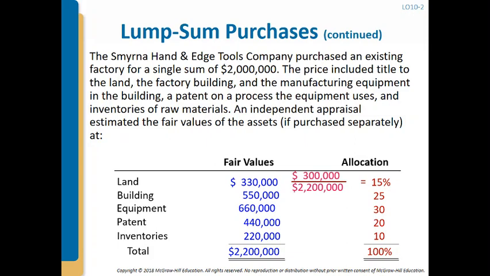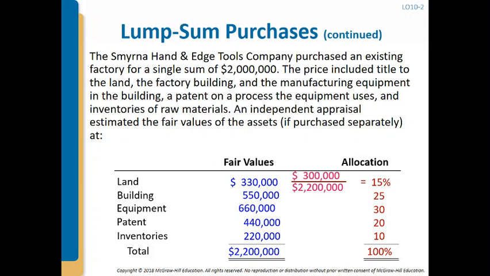And so you're going to do that for each one of these, and so that what you're going to come up with is an allocation percentage for each asset, and you're going to take that allocation percentage and multiply it by the single sum of $2 million.